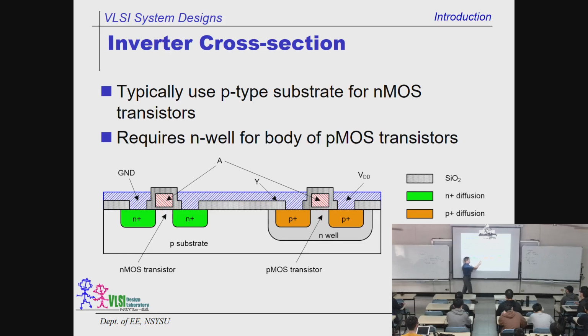And there are 1, 2, 3, 4, 5 different colors. This stands for 5 fundamental materials to realize the inverters in real life. So this is silicon oxide that I talked about earlier. This is an isolator, an insulator, a perfect one. And N plus is the green one, and that means we have excessive electrons in these two green areas.